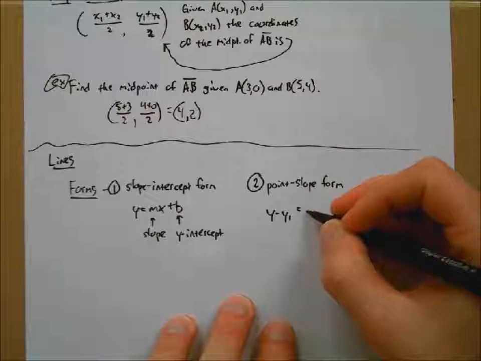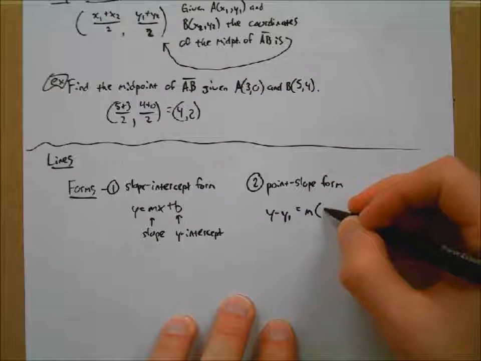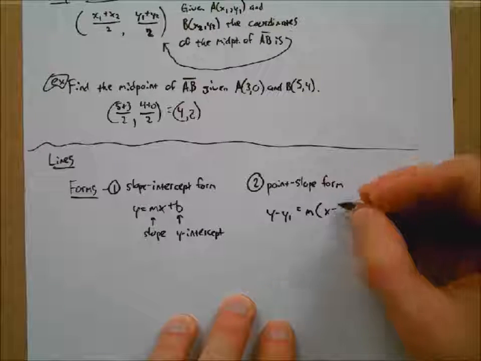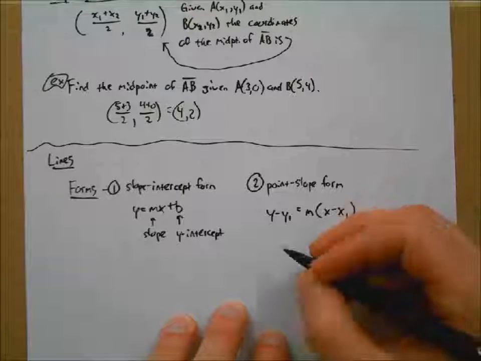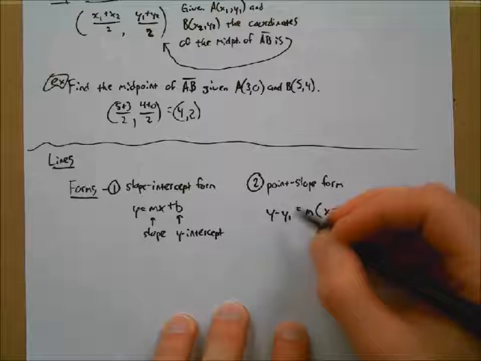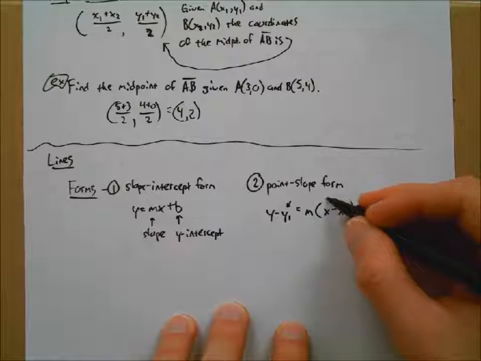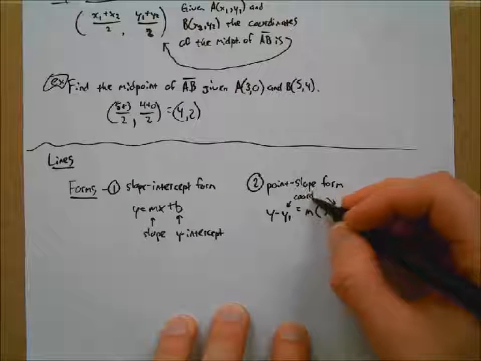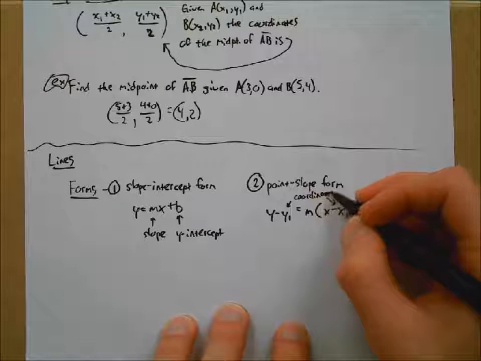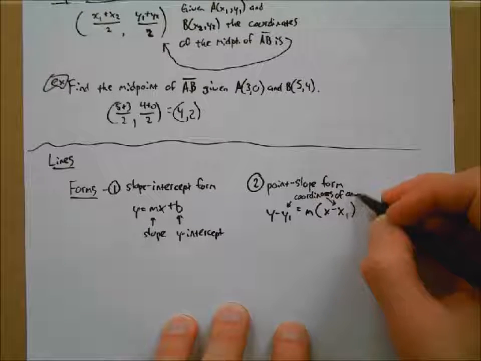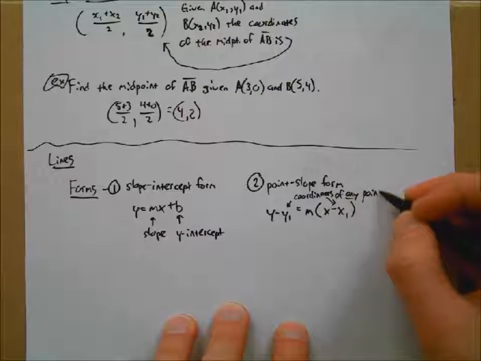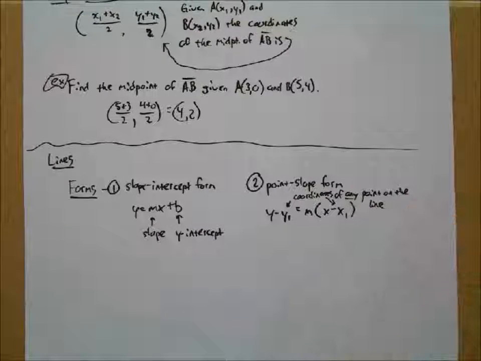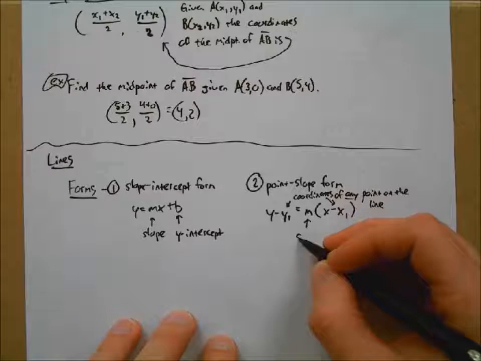Point-slope form is y - y1 = m(x - x1), where y1 and x1 are the coordinates of any point on the line. And then you still have to find the slope too.